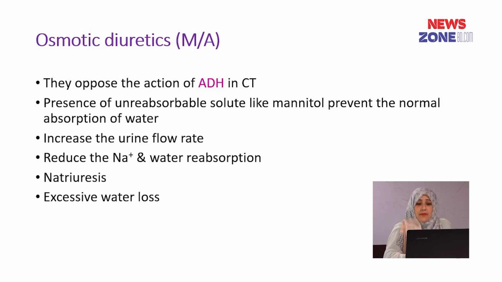And osmotic diuretics. What is the mechanism of action of osmotic diuretics? They oppose the action of the ADH hormone in the collecting tubule, and the presence of unabsorbable solutes like mannitol, glucose, inulin, urea, etc. prevents the normal absorption of water and increases the urine flow rate, reduces sodium and water reabsorption in the collecting tubule, and natriuresis occurs, and this causes excessive water loss from the body.